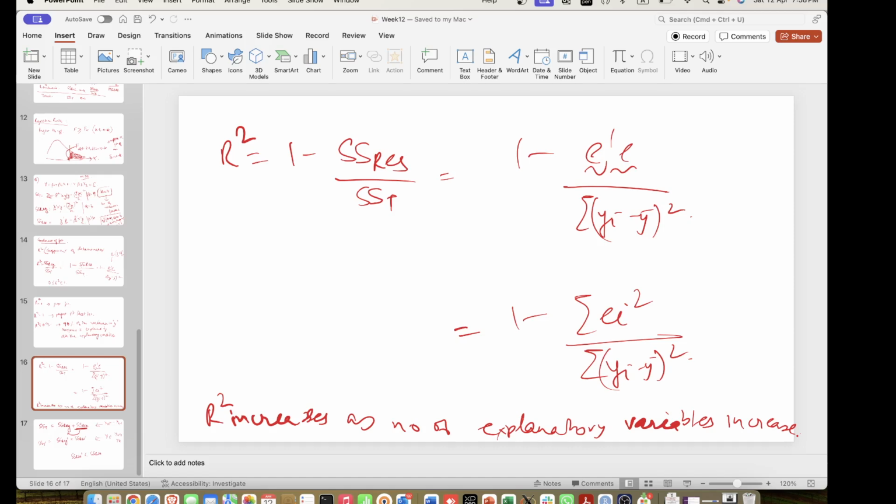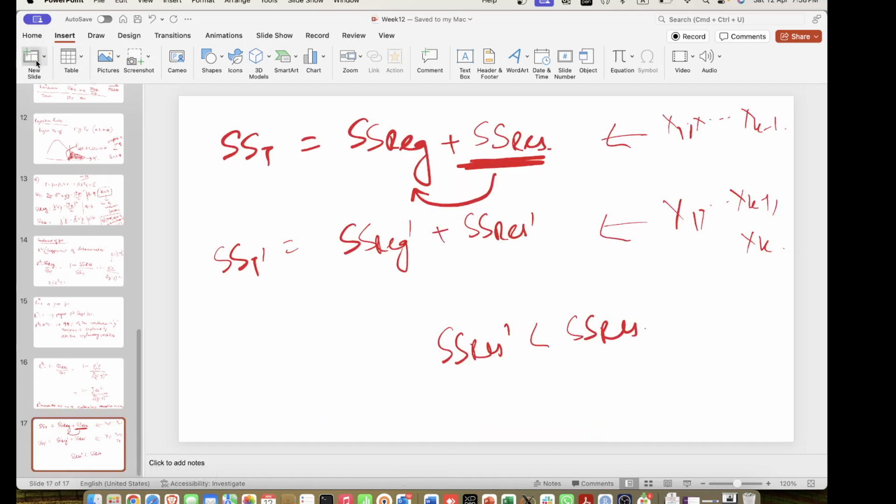So if we keep on adding variables, R square is going to increase. But is it going to give me a good model? Perhaps not. So how do we circumvent this problem?